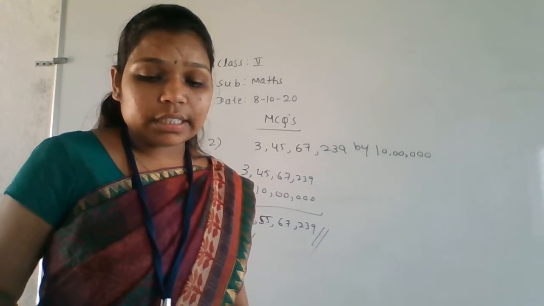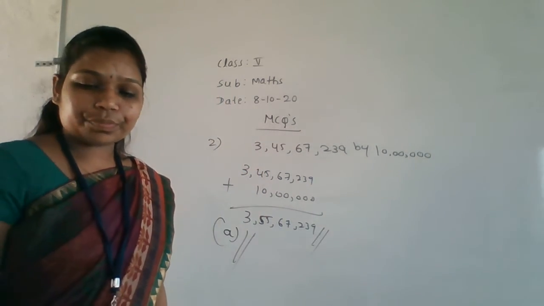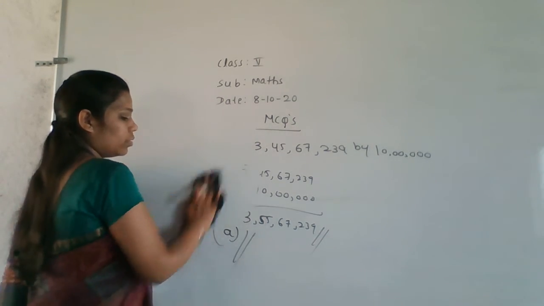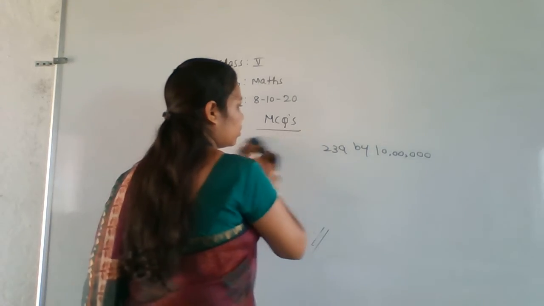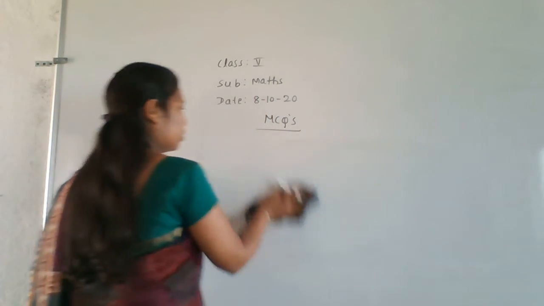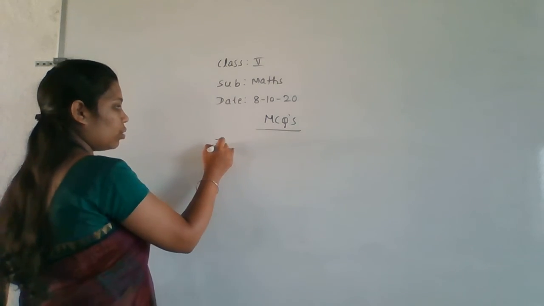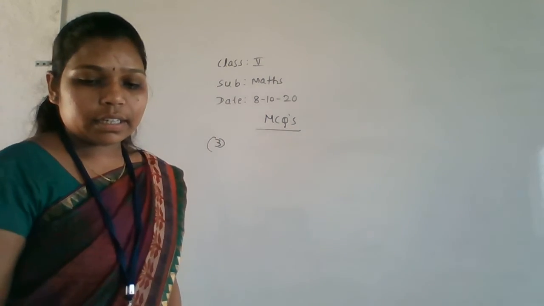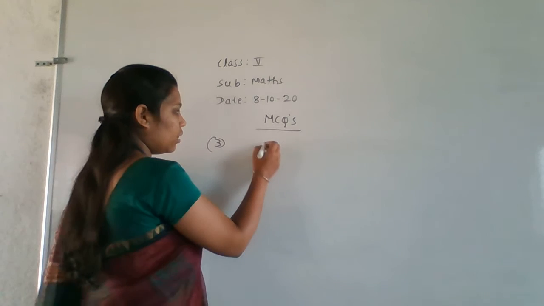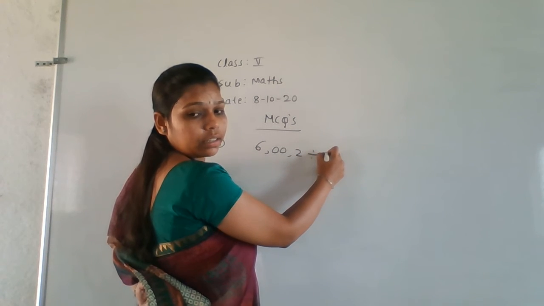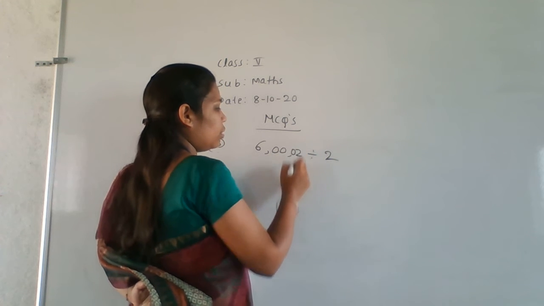Find the quotient and the remainder. The given number is divided by 2.